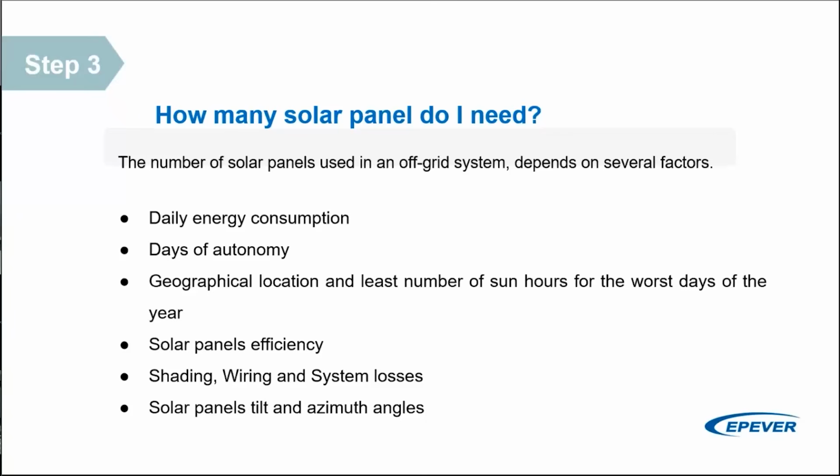Of course, these are all based on the testing conditions, which are 1000 watts per square meter of solar irradiance, an air mass of 1.5, and a temperature of 25 degrees. Each of these elements will have an effect on these values.